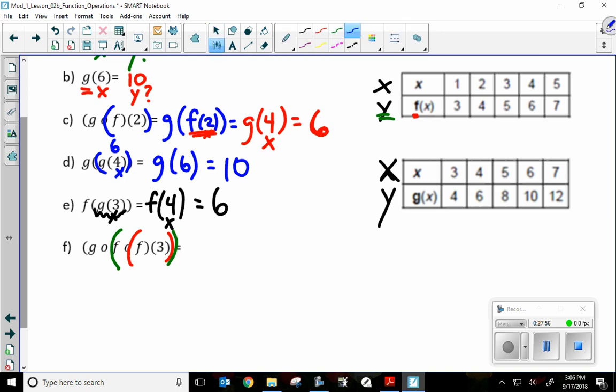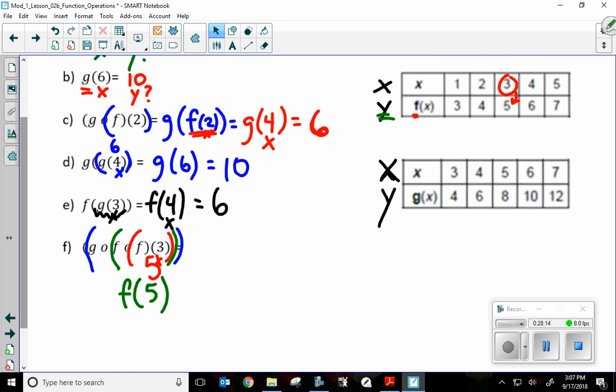Whatever that is, will finally go into g. All right? So f of 3, when x is 3, my y is 5. So this is like 5. So now, I'm doing f of 5. And that will ultimately go into g.